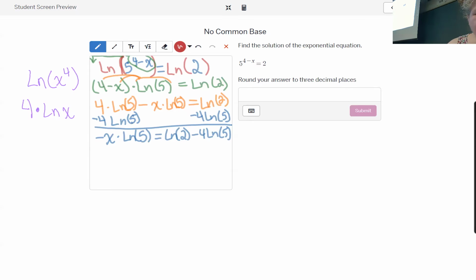All right, so we've almost got x by itself. We've got this minus sign in front and this natural log 5. This minus sign, I can sneak in there a 1, so this is negative 1 times x times natural log 5. I've got more than one thing being multiplied, but I can still divide by both of those things.